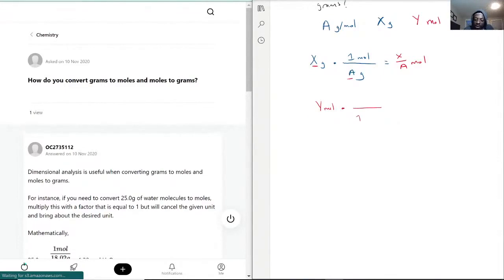So now the 1 mole would be at the bottom, to make sure you cancel out, and the A grams would be at the top. So when you actually did the math here, it would end up being Y times A grams of the molecule in question.